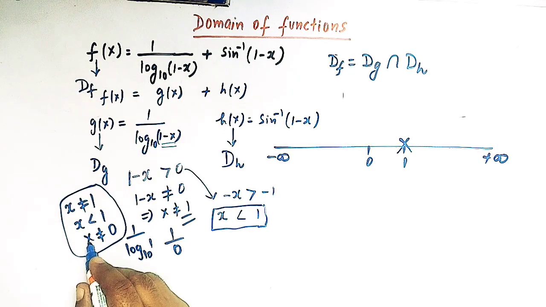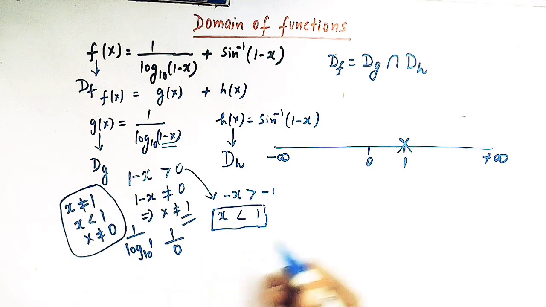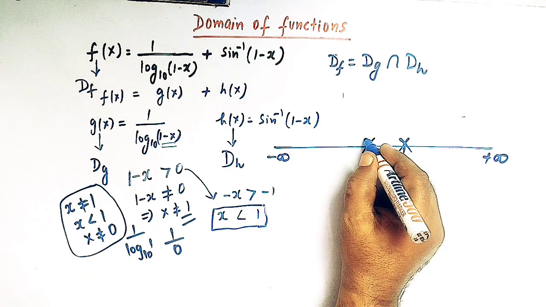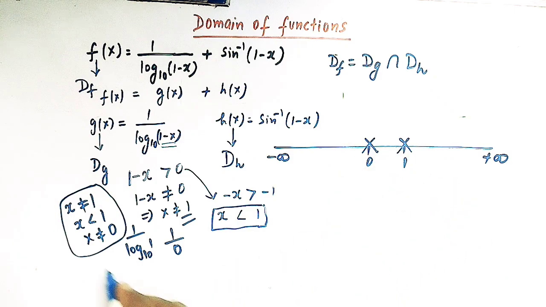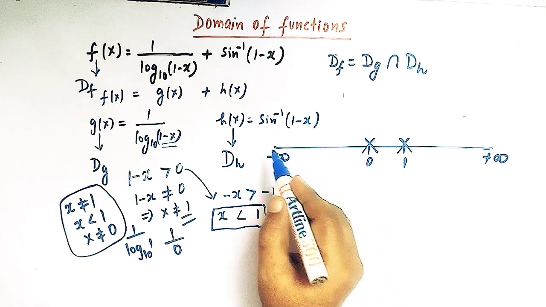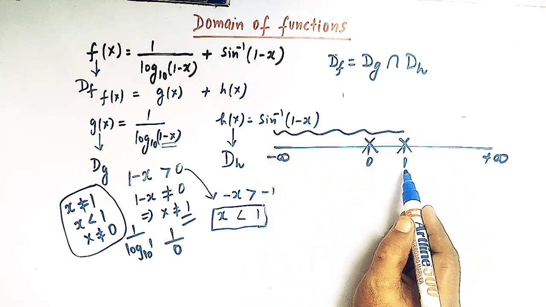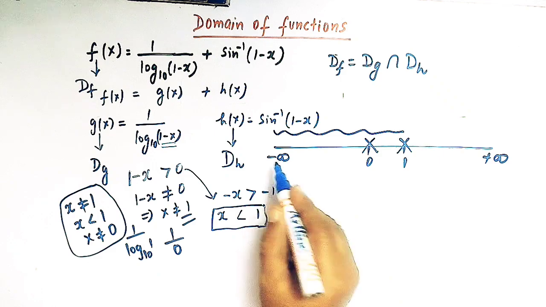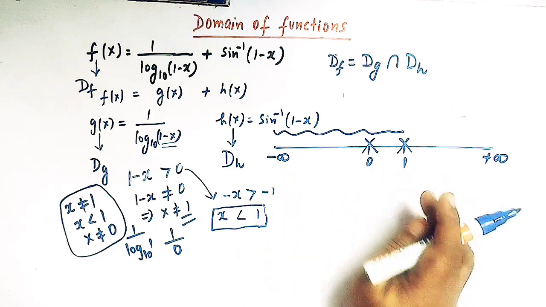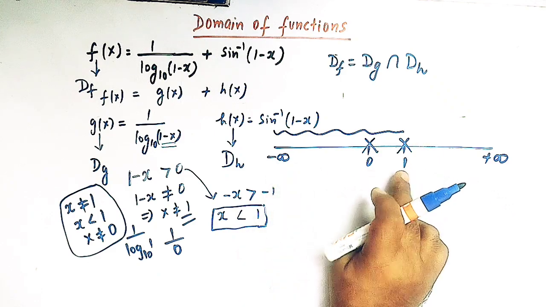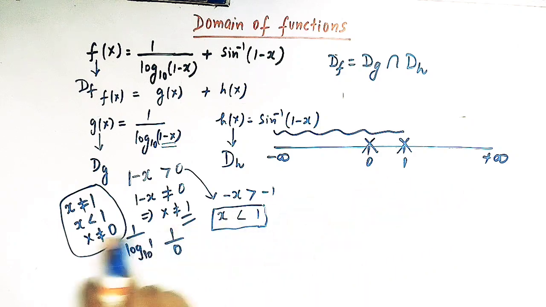Similarly, x should not be equal to 0, so we will not consider x equal to 0. And here we have x less than 1, right? So we have the interval from minus infinity to 1, discarding these two values, that is x equal to 0 and x equal to 1.